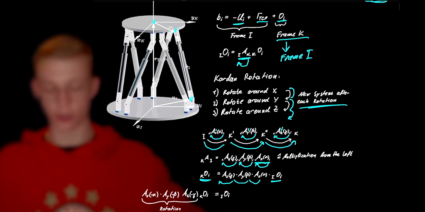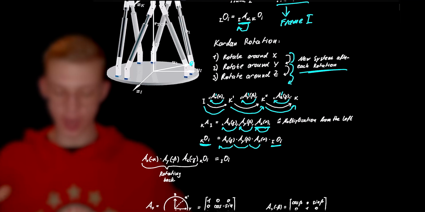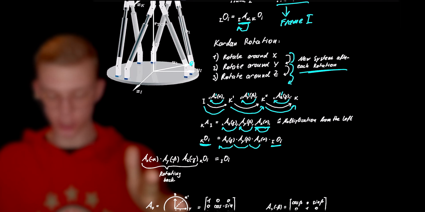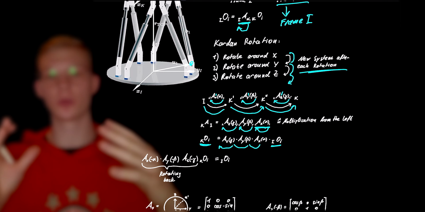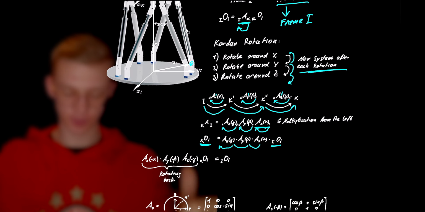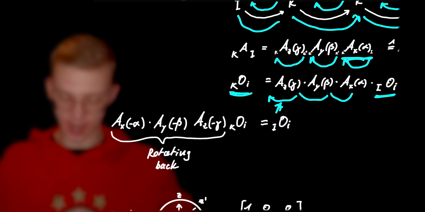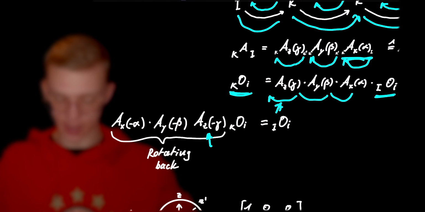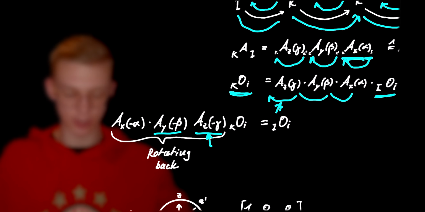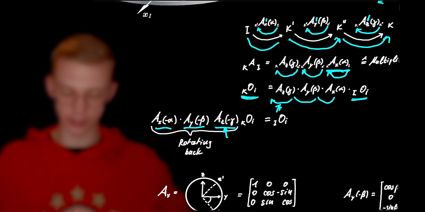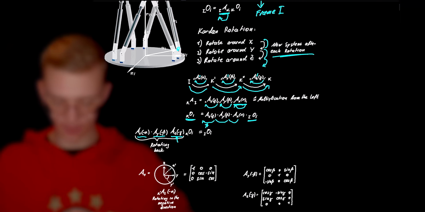And if we now want to go back that whole process, we have to again multiply the transformation matrices, but this time we rotate in the opposite angle. The last multiplication that we did was the rotation around the Z-axis. So now we, again, from the left side, apply the transformation matrix around Z, then the transformation matrix around Y, and then around X, and each time with the negative rotation.